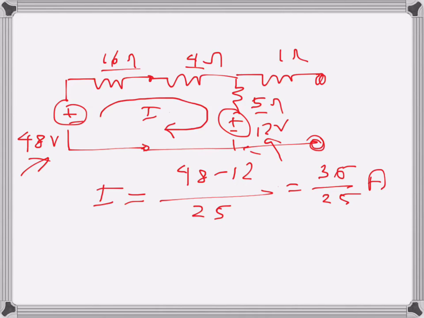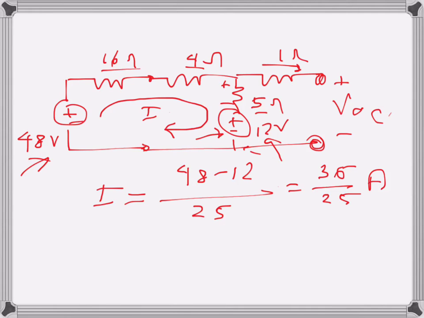That's the current. Now I need to find the open circuit voltage, VOC, which is pretty much the voltage drop across the 5 ohms resistance plus the 12 volts, because there is no current here, so there is no drop here when the circuit is open.